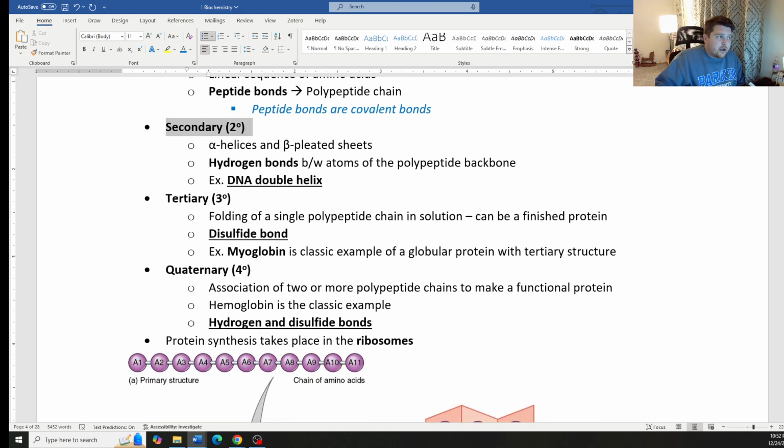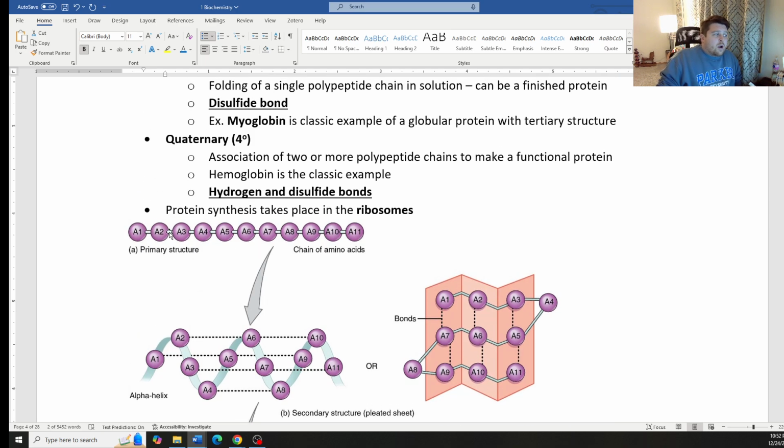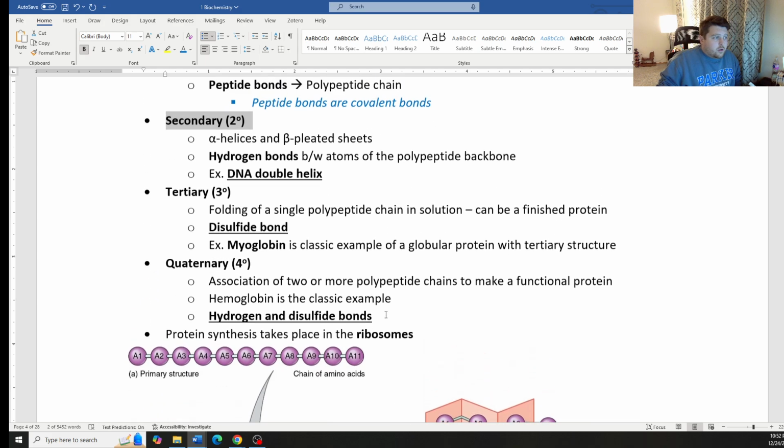Our secondary structure, once we have our chain formed, remember how we have all of those different R groups, which give each of our amino acids slightly different chemical properties. When these are all right next to each other, they're all going to interact with one another chemically, okay?